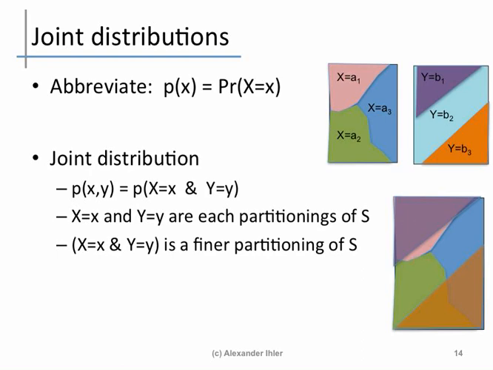Another region of the graph might have x equal to a1 and y equal to b2, and so forth. So the joint configuration of several variables can itself be thought of as a partitioning of S.